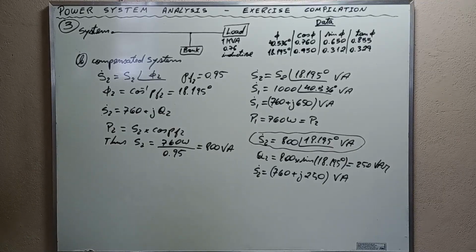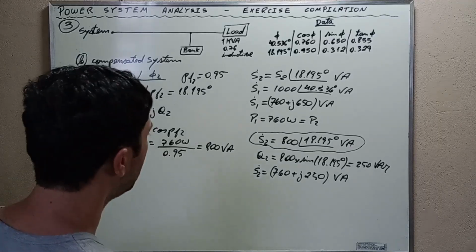And the conclusion that we get, what the exercise asked from us, let me refresh my mind. The exercise in this new condition, what is the apparent power supplied by the power supply system to the load?